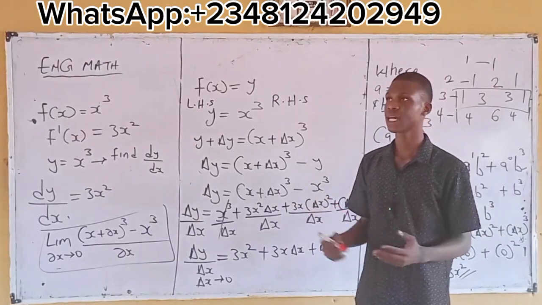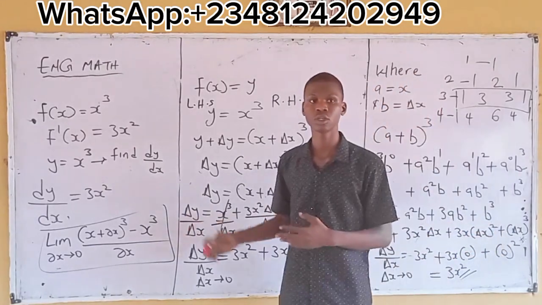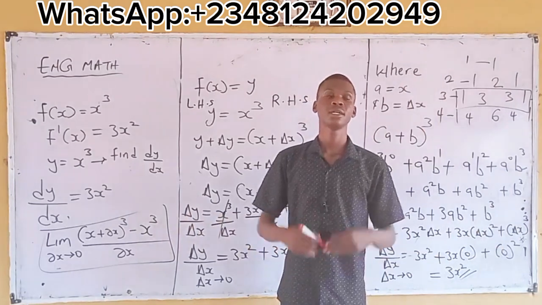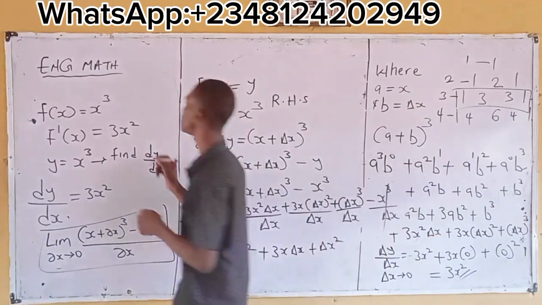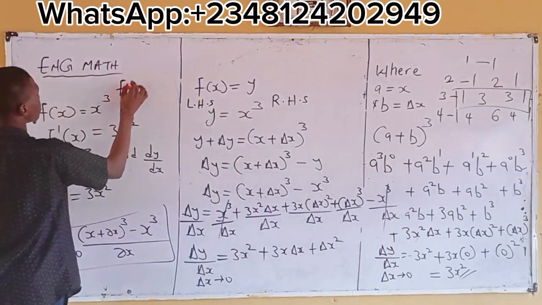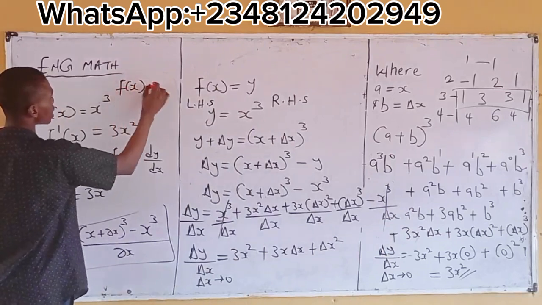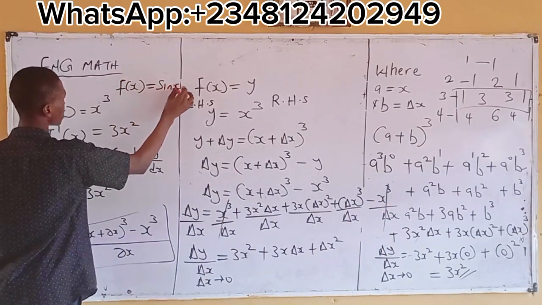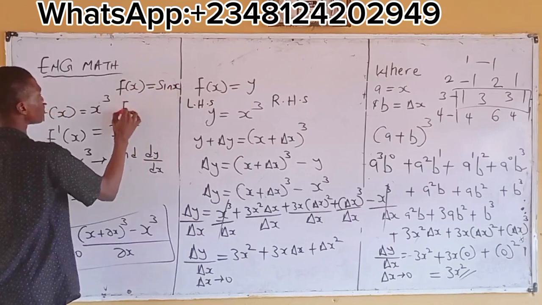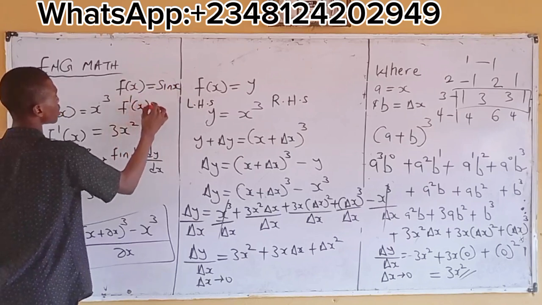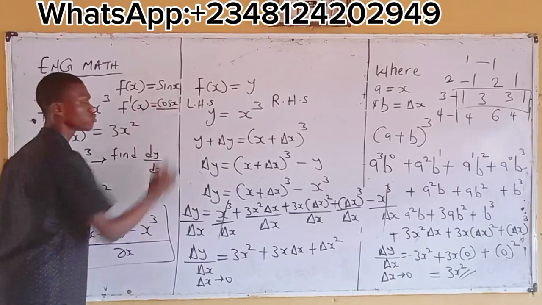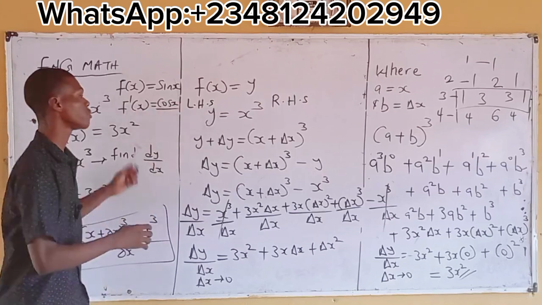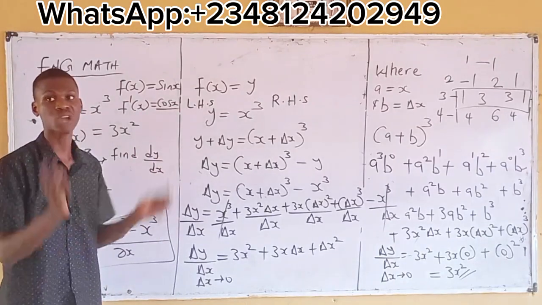Now, the idea is that for any function given, you can find the derivative using what? First principle. Let's say you are given y is equal to sine x. From what we know, the derivative is what? Cos x. You can use first principle, you are still going to get this cos x, but this will involve a lot of trigonometry identities.